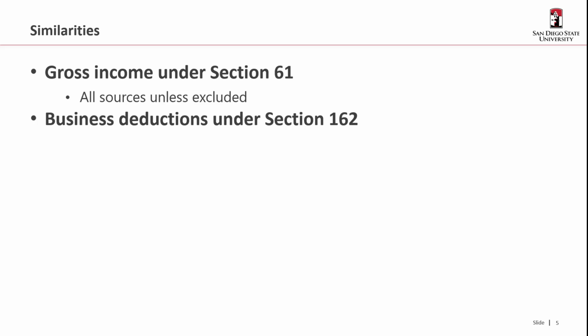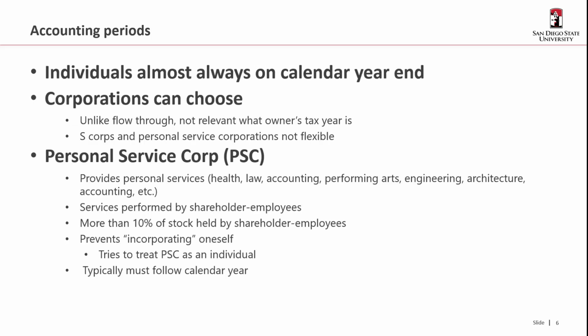There is an underlying assumption that all corporations are engaged in a trade or business, and that is not the case with other types of entities. Now, you can end up with a personal service corporation, and you can have a corporation that generates passive income. But what happens is it gets picked up in some other taxes, frankly, or the personal holding company tax is the one that would get you if you were holding nothing but investments.